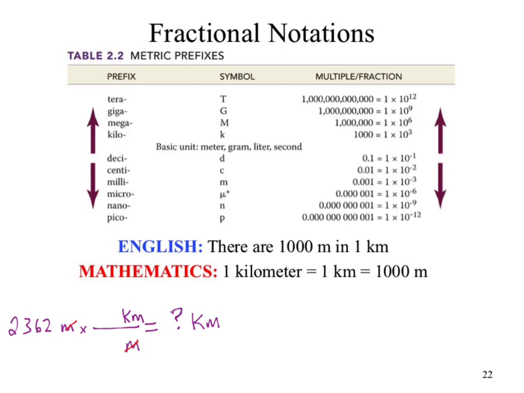It has to show up in the equation. There's a hint. The only truth we have is right here in the mathematics. Where's the 1,000? Next to meters. Where does the 1,000 go?